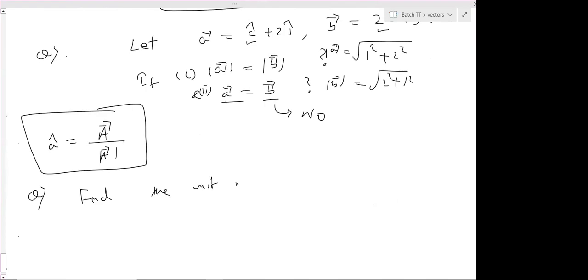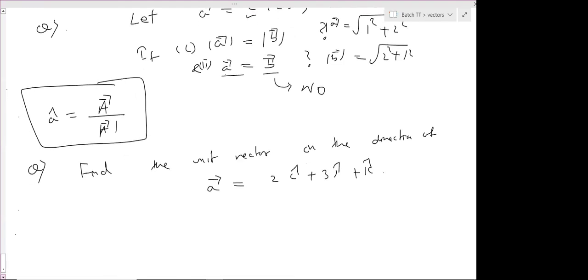Find the unit vector in the direction of A vector equals to 2i cap plus 3j cap plus k cap. Right? Or they can change this question as find the unit vector of A vector. All right. Please solve it.